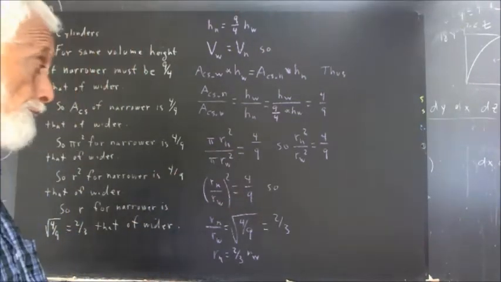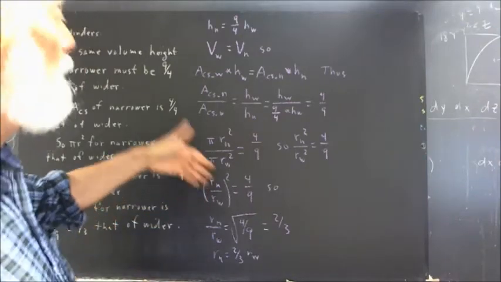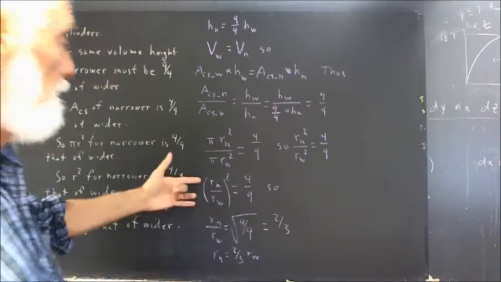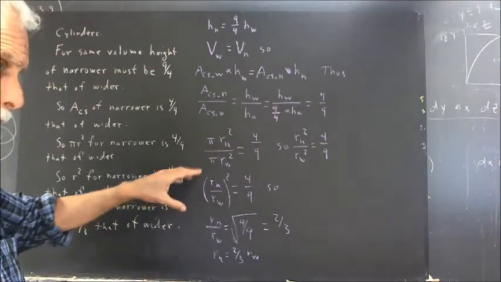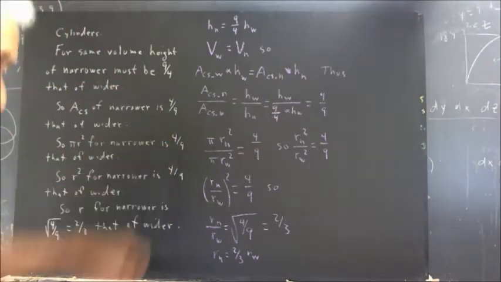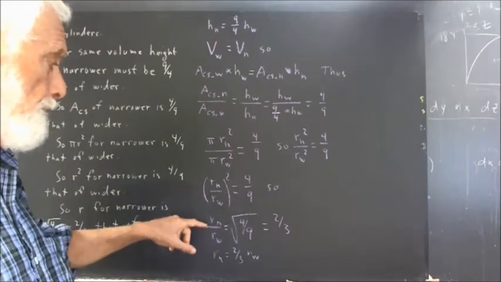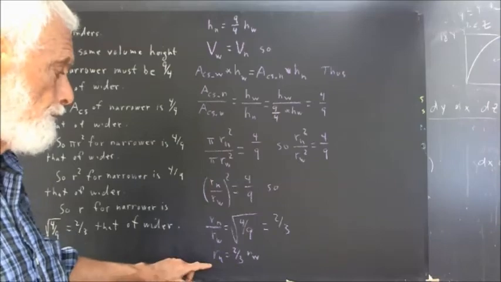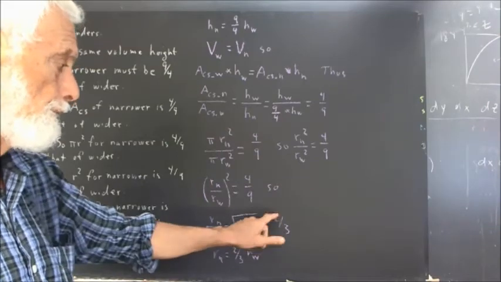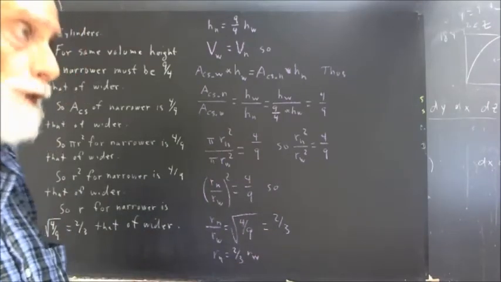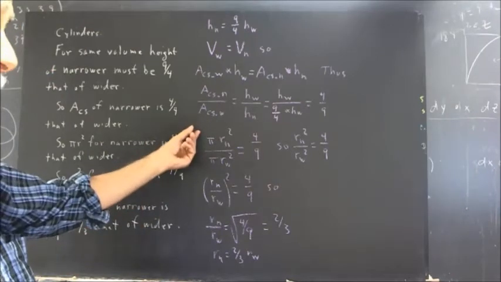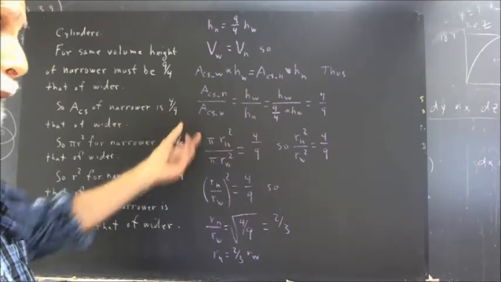Taking the square root of both sides, officially we'd have to do plus or minus the square root, but we're not going to get a negative ratio, so we just dismiss the minus before we go on. The square root of 4/9, of course, is 2/3, so rn over rw equals 2/3, and rn is 2/3 of rw. That is, the radius of the narrow cylinder is 2/3 the radius of the wider.